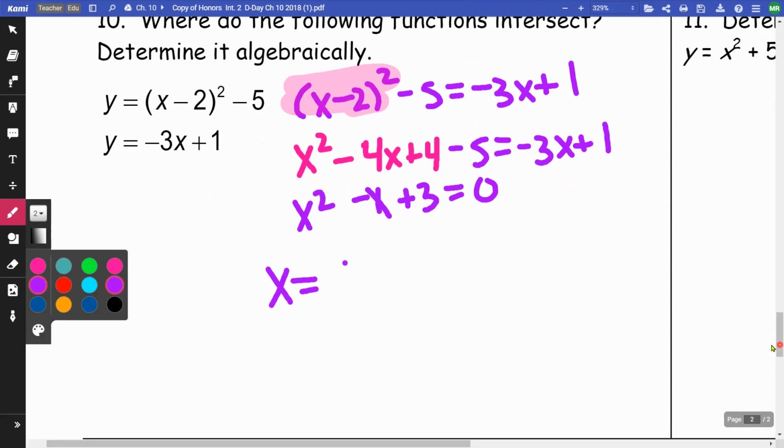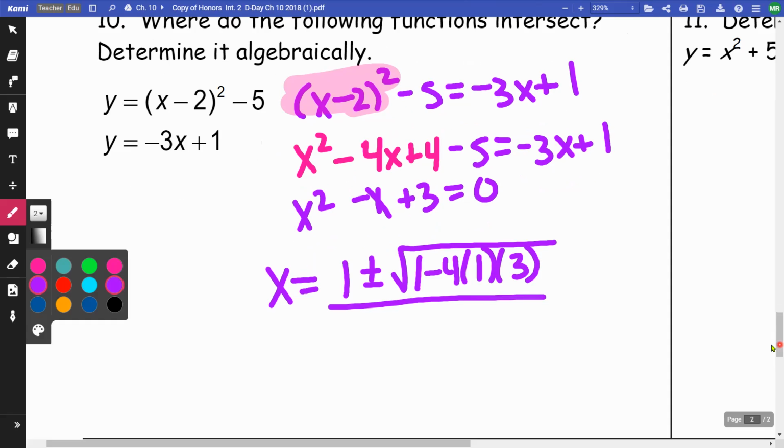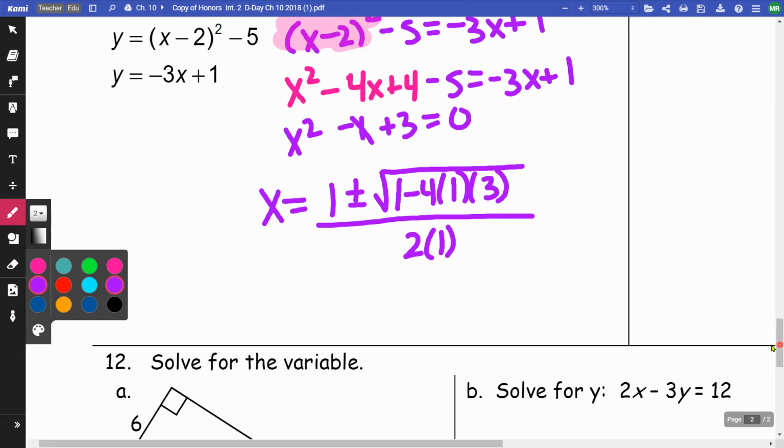So negative b, positive 1, plus or minus the square root of b squared, which is 1, minus 4 times my a, which is 1, and my c, that is 3, all over 2 times my a, which is 1. So when we do this, we're going to get 1 plus or minus the square root of negative 12 over 2.